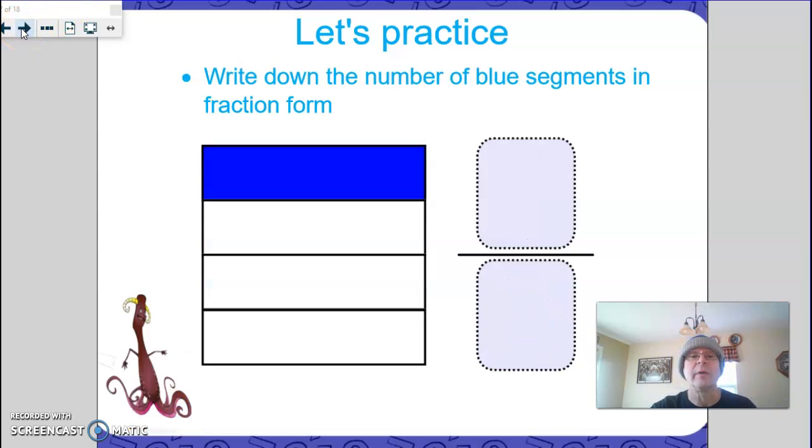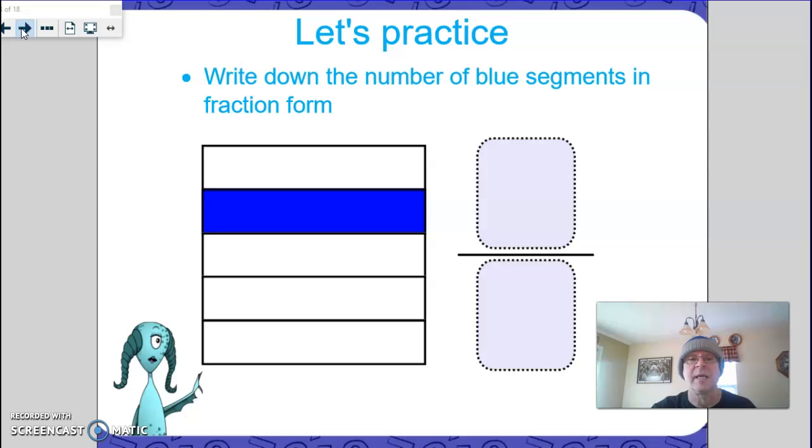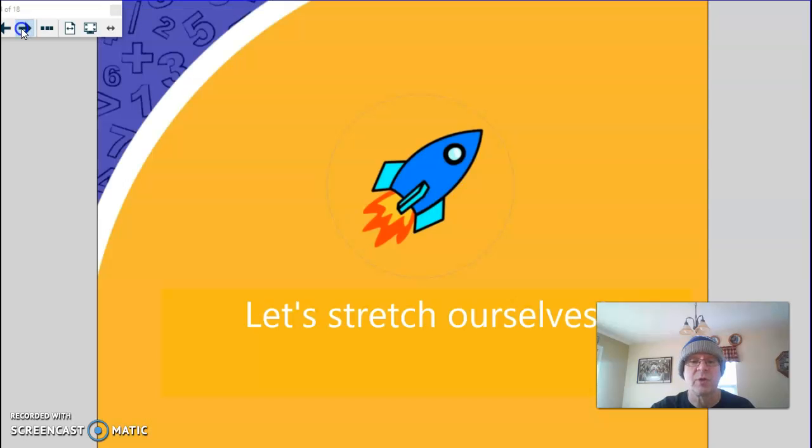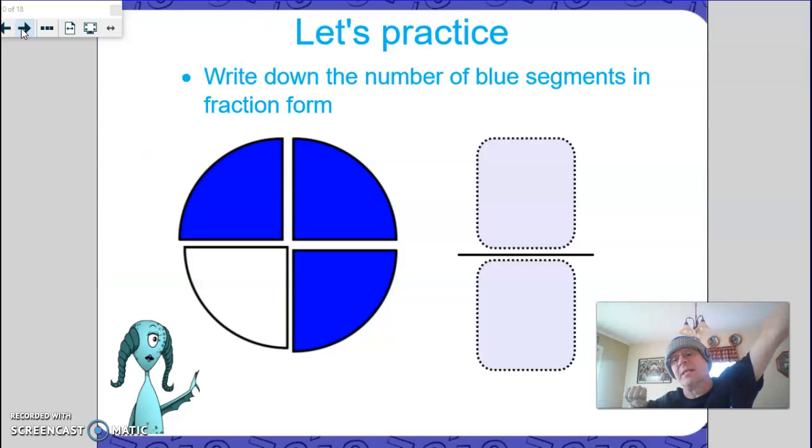Let's move on to another one here. Can we stretch it? Let's make it harder. Let's stretch ourselves. Now, this circle is one whole thing, right? So if the whole thing's cut into 4 equal pieces, they're the same size, right?